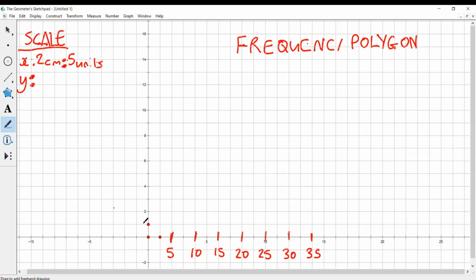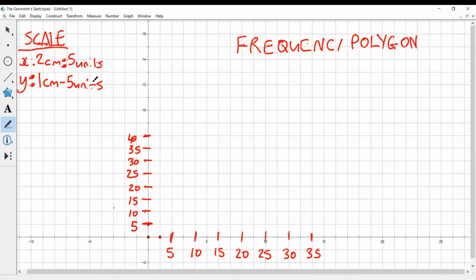Yes, we can go by 5. So each centimeter we're going to let represent 5: 5, 10, 15, 20, 25, 30, 35, 40. All right. So we're choosing our scale, remember. So that's the scale we're going to be using. So we tell them 1 centimeter is representing 5 units on the y-axis.